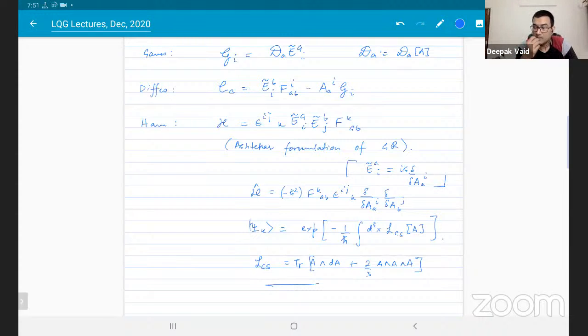But the problem with this is that this string is living in some background space-time. You don't really have a picture of string theory where the space-time itself is non-perturbative. But here we do. We have a picture of a non-perturbative space-time, and we have a picture of quantum geometry and quanta of volumes and quanta of area. So we have this picture of space-time foam.